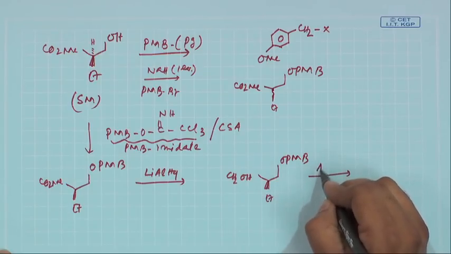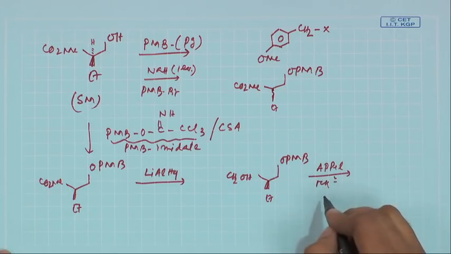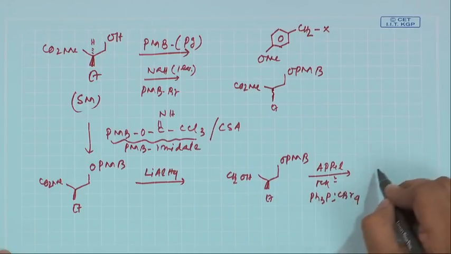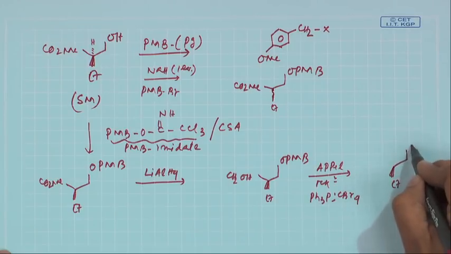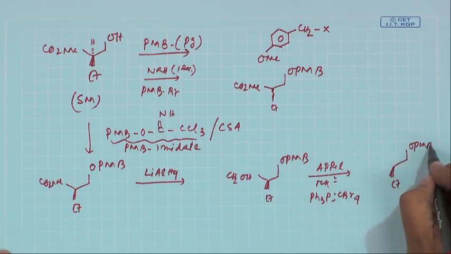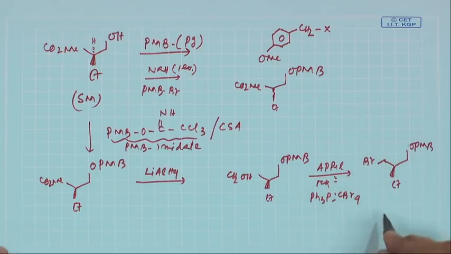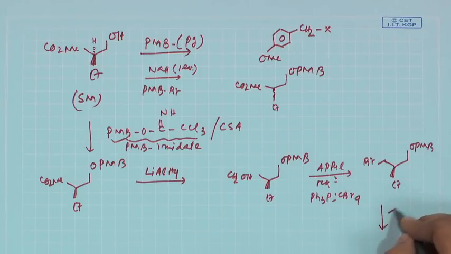The best way you can do this is by the Appel reaction, which was also taught to you. The reagent is triphenylphosphine and CBr4. So, by this way you will end up with this compound.